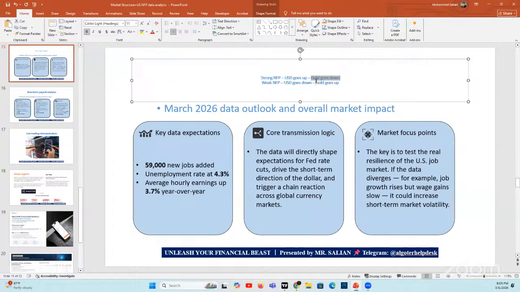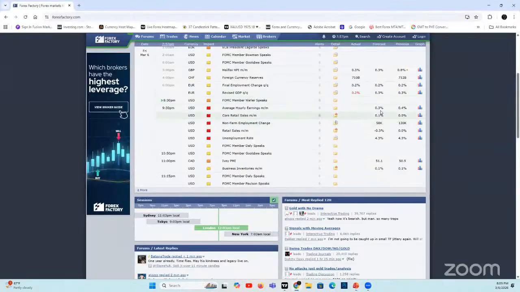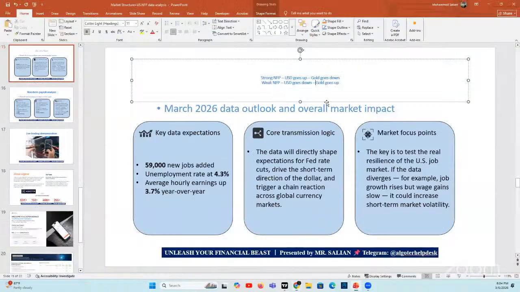Gold goes down or gold goes up, right? So you will check the news at 9:30 tonight. What will happen? NFP forecast 58,000. Okay, this is the forecast and the actual. If it goes up or goes down, then you know what to trade.